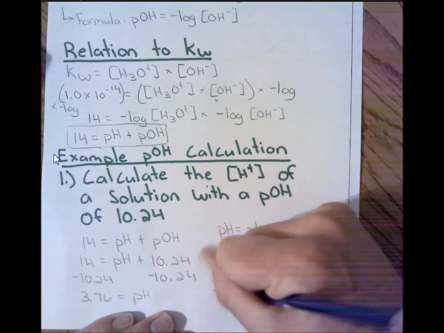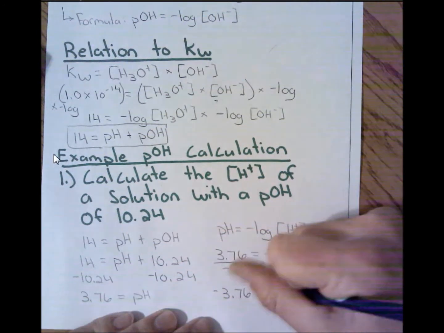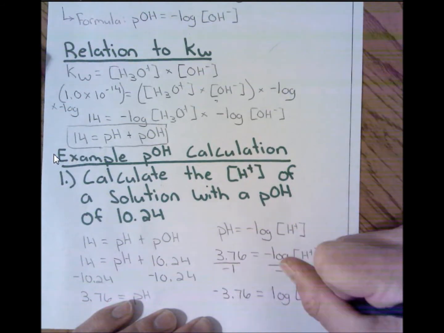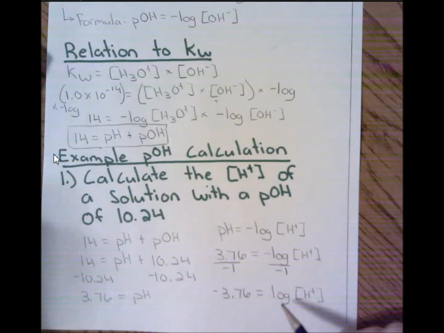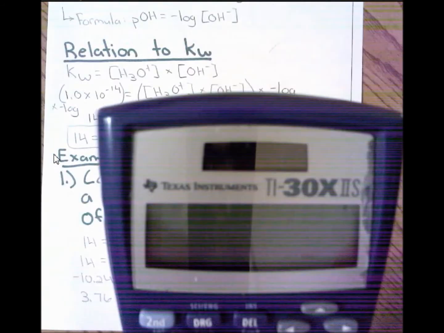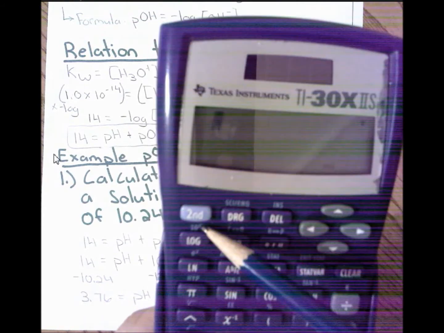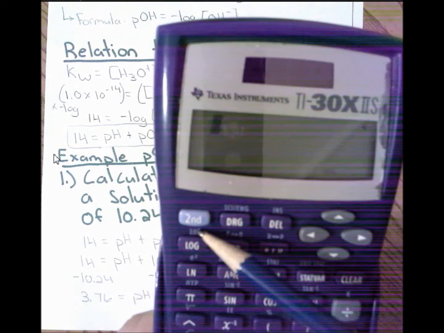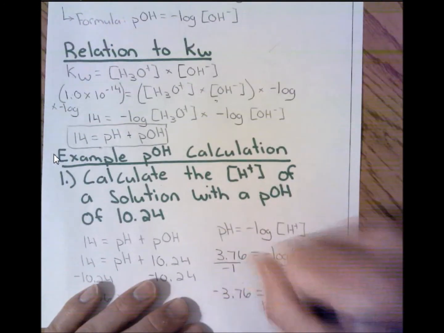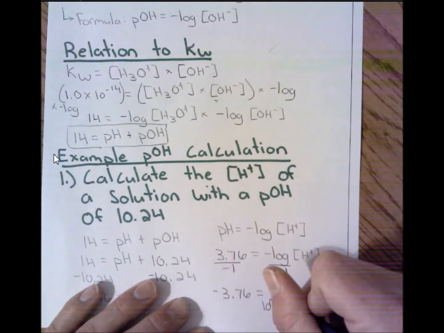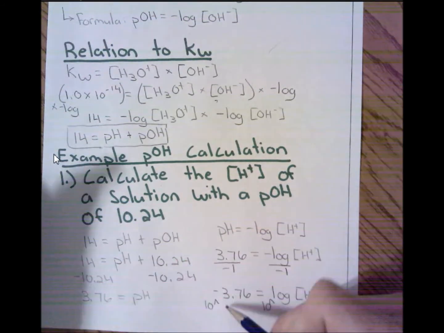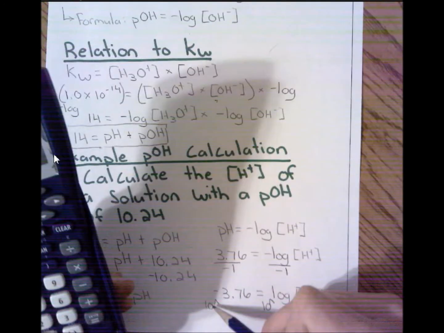Now, we have to get rid of the log. If you look on your calculator, we're going to take the inverse of log, which is this 10 to the x button. So I take the inverse of the log, which will just cancel out, and I'm going to do inverse log, which is 10 to the power. So 10 to the power of negative 3.76.